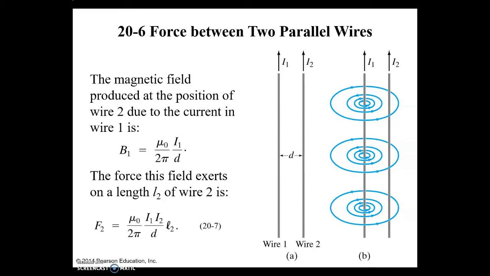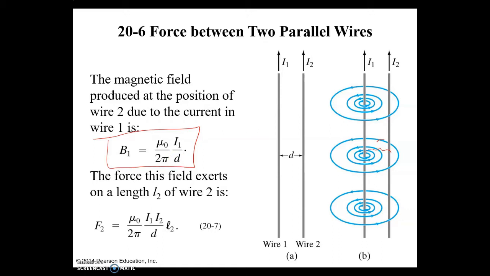So the magnetic field generated by wire 1, we use this equation, mu naught over 2 pi times I over r. But we want specifically the value of the magnetic field at wire 2. So r would be a distance d. So we just use d for our radius r.